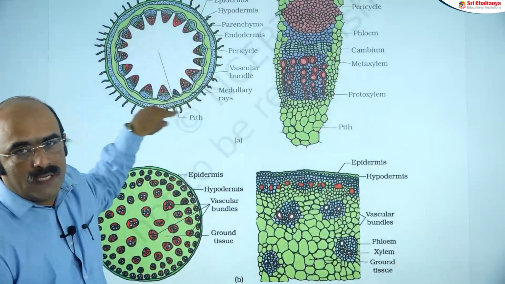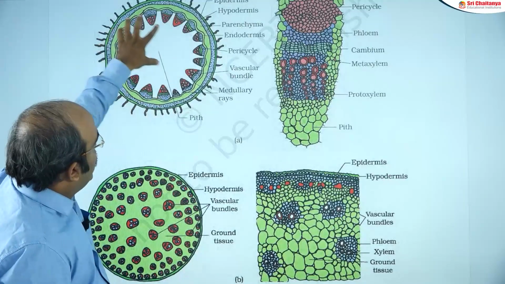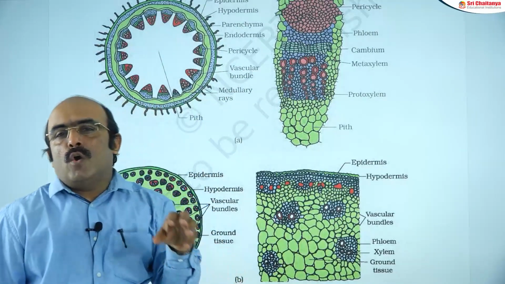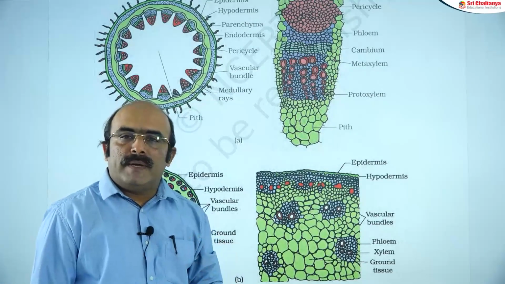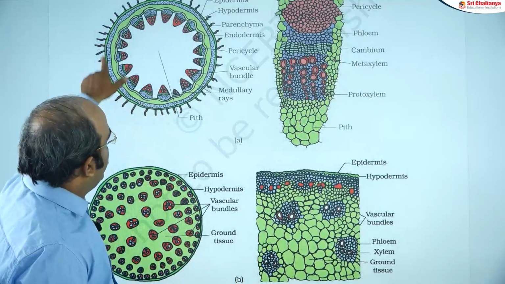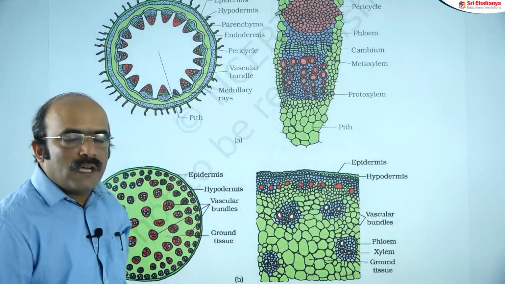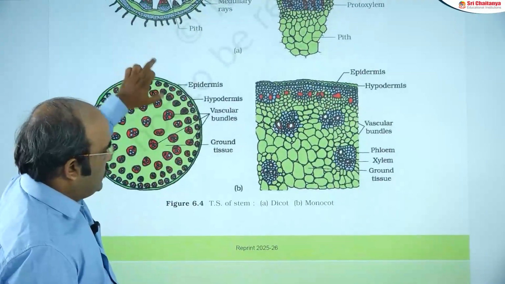Now, in the case of the dicot stem, the other important point is that you find a ring-like arrangement of vascular bundles. These vascular bundles are conjoint and open, because cambium is present in between the xylem and phloem. So the ring-like arrangement of vascular bundles, and the bundles being conjoint and open, is a prominent point.